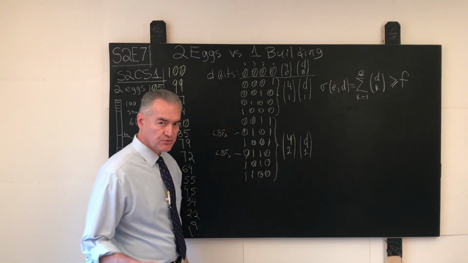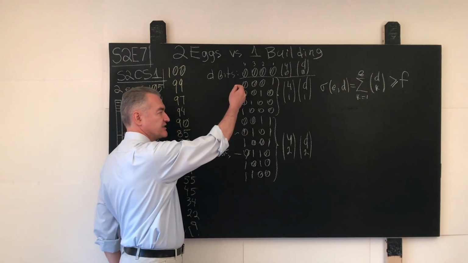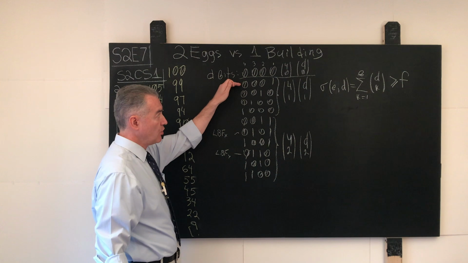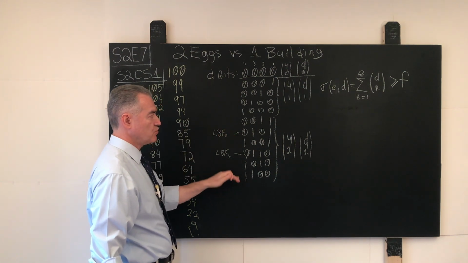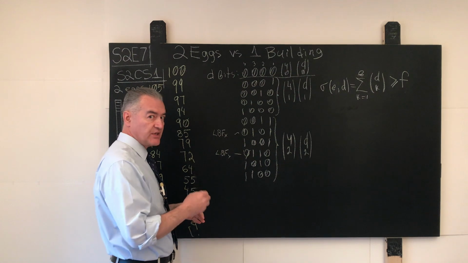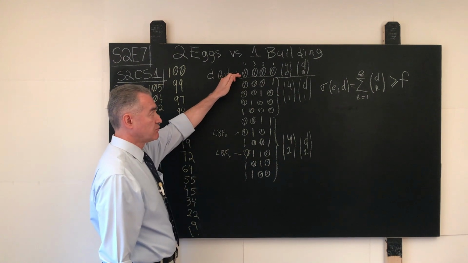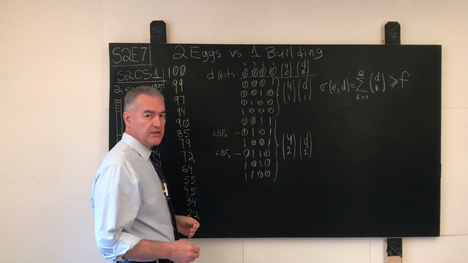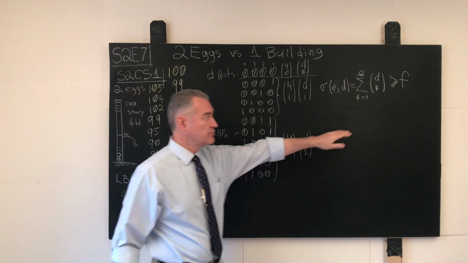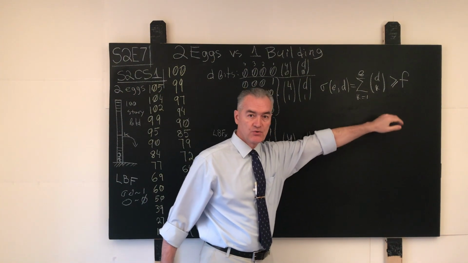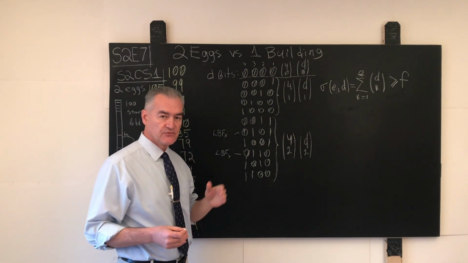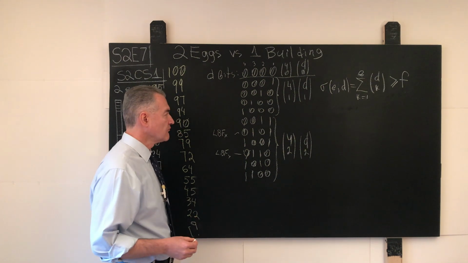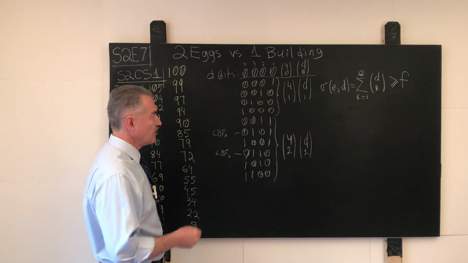One more time, I just want to say that the total sum of the numbers of all these binary strings, each of which captures a particular outcome of the test of our algorithm, no eggs broke, precisely 1 egg broke, and precisely 2 eggs broke, should be at least the height of the building F. And we showed that by using the pigeonhole principle, by associating the floors with pigeons and the outcomes with pigeonholes.